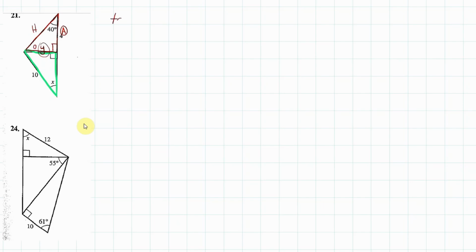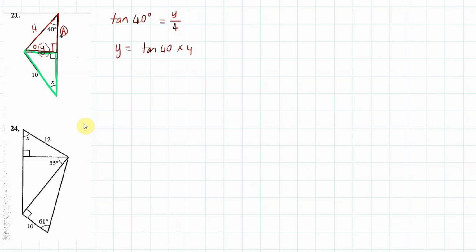So TOA is tan, and we've got tan 40, because they've given us the angle this time, just like yesterday, equals opposite, which we don't know, that's y, over the adjacent, which we do know. Remember, tan is opposite over adjacent. Now let's rearrange that. Y should be equal to tan 40 times 4, or 4 times tan 40. Remember, the order doesn't matter there when you're multiplying.